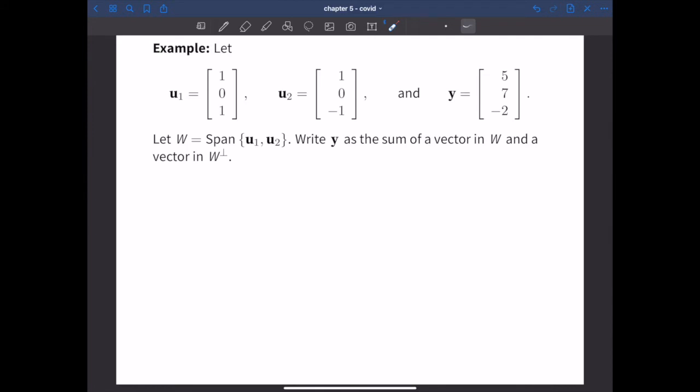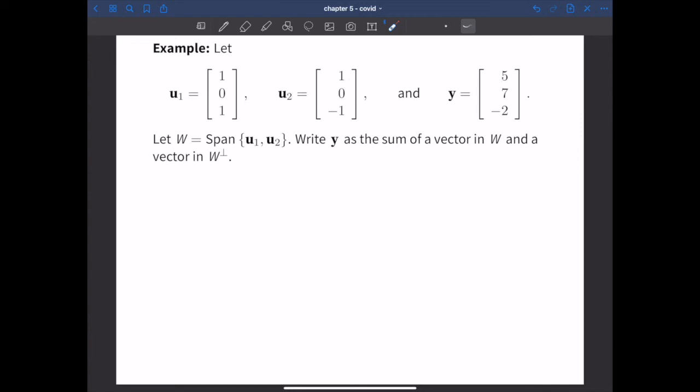All right, let's look at an example here. Let W be the span of u1 and u2. What we want to do is take the vector y and split it up into the sum of a vector that lives in W and a vector that lives in W perp. So first of all, we want to use that formula that we saw on the previous slide.